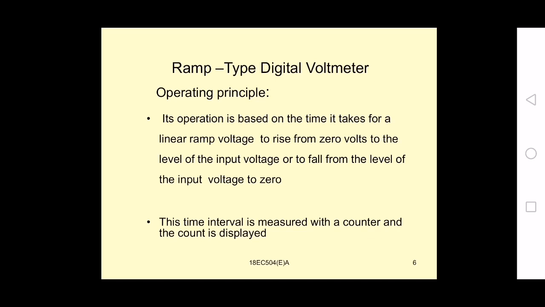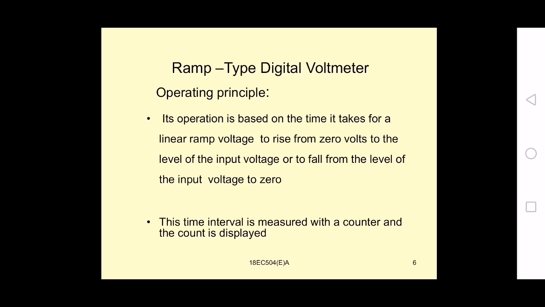Its basic operation is based on the time it takes for a linear ramp voltage to rise from 0 volts to the level of the input voltage, in the case of a positive ramp signal, or to fall from the level of the input voltage to 0.